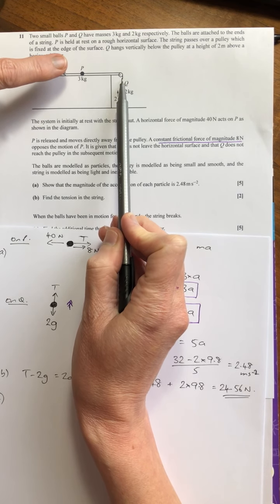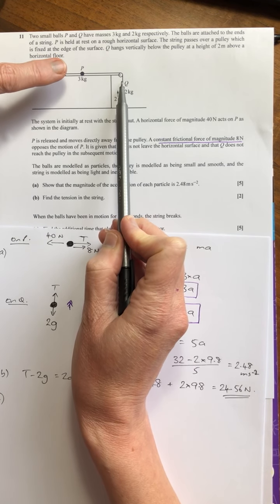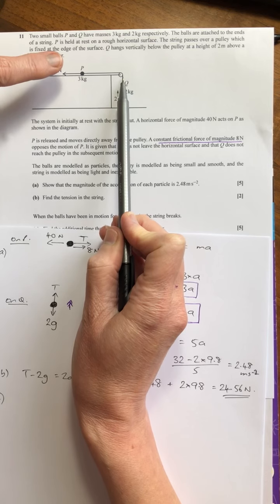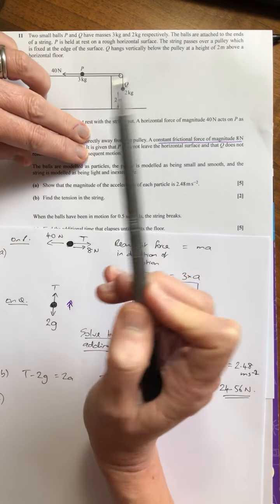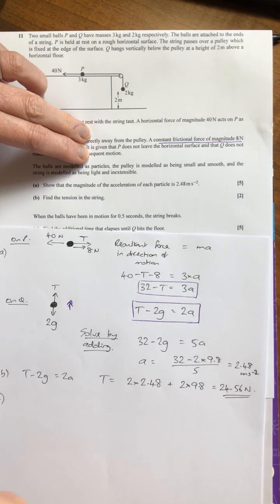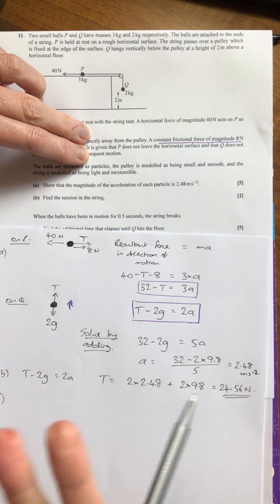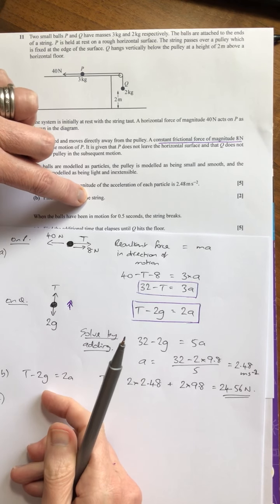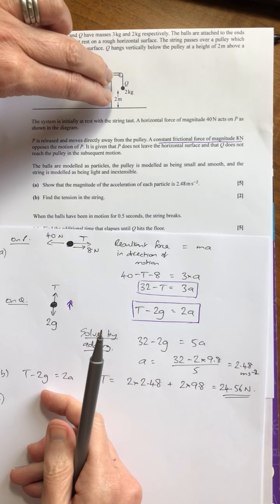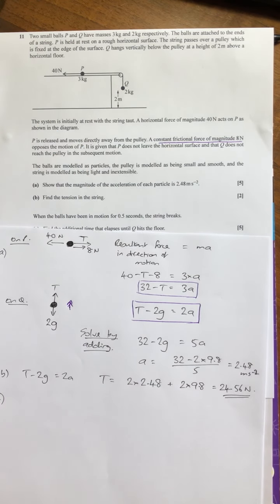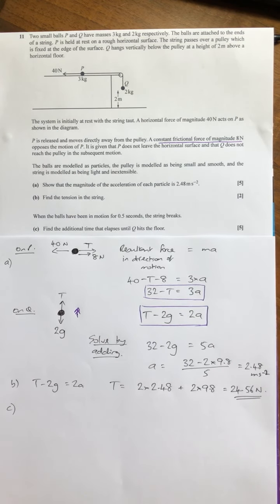So it's still going to be going upwards because it's still got that positive velocity, but of course it's going to be slowing down, because it will be accelerating freely under gravity. So it will be slowing down, the acceleration of negative 9.8. So it's going to get to a certain point and then it will come back down. We need to work out the time at which it hits the floor.